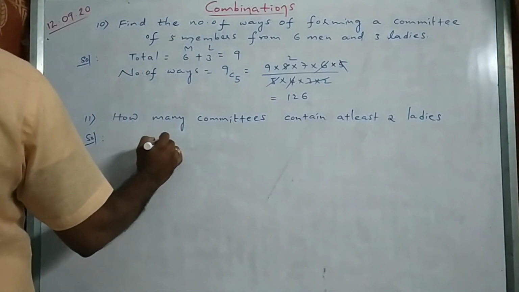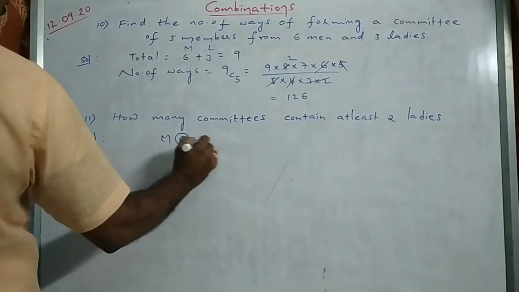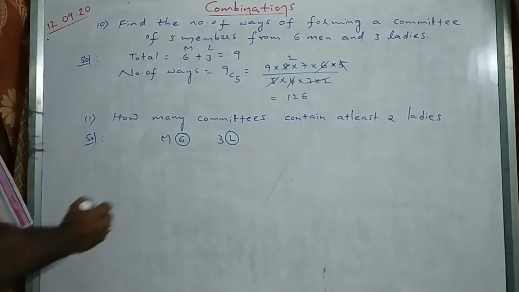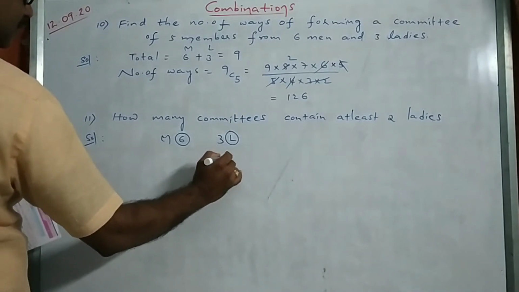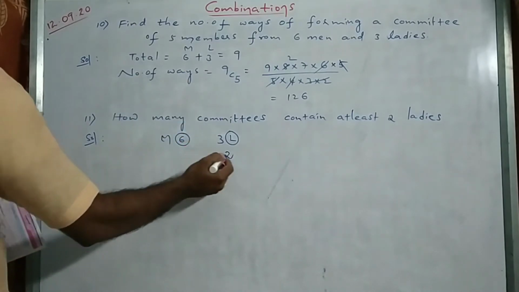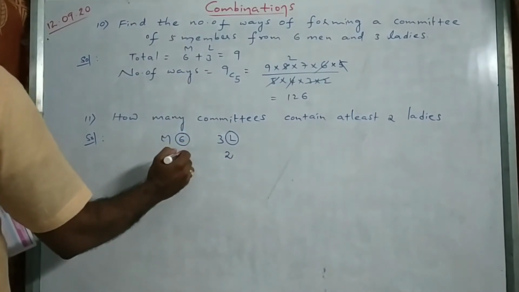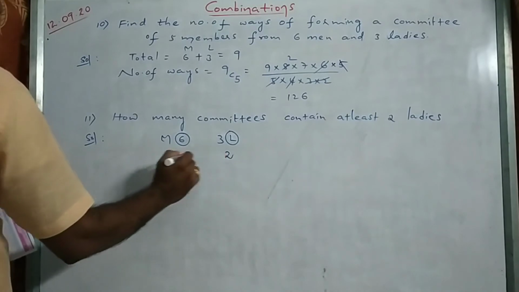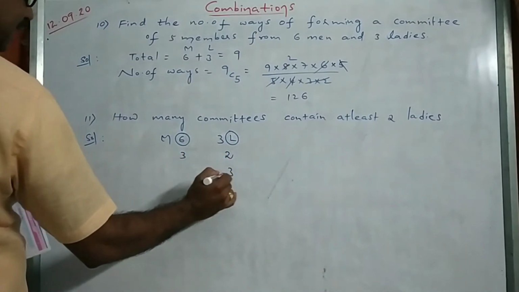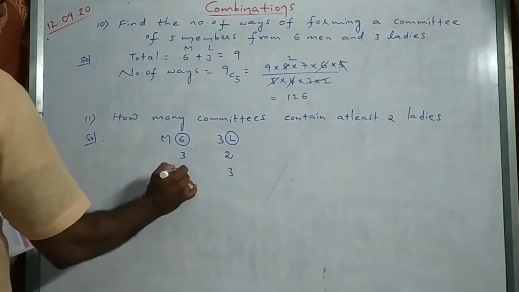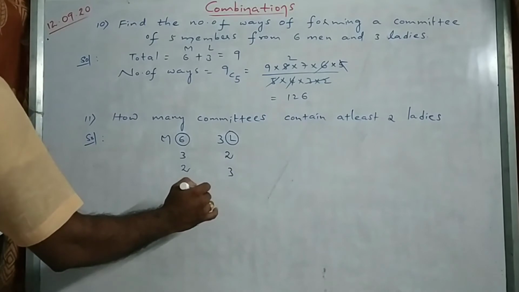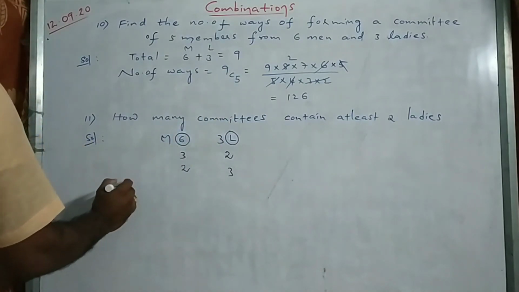Here I have 6 men and 3 ladies, right? I want at least 2 ladies always. At least 2 means 2 and above. I will keep 2 ladies here. I want a 5 member committee, so I can select 3 members here. Suppose if ladies are 3, gents only 2. 4 ladies is not possible, so only these possibilities are there.